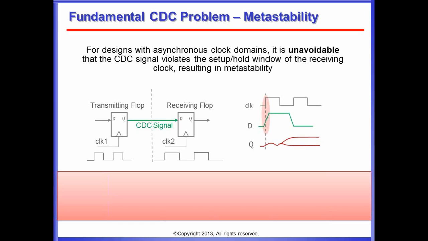This swing propagates as, let's say, an unknown through the design. You have to capture it up front, and if you have an asynchronous clock domain crossing, you will always get those somewhere, because you never know exactly when data and clock show up.